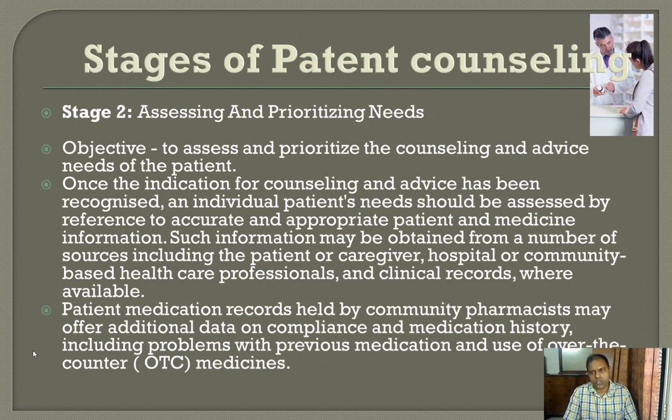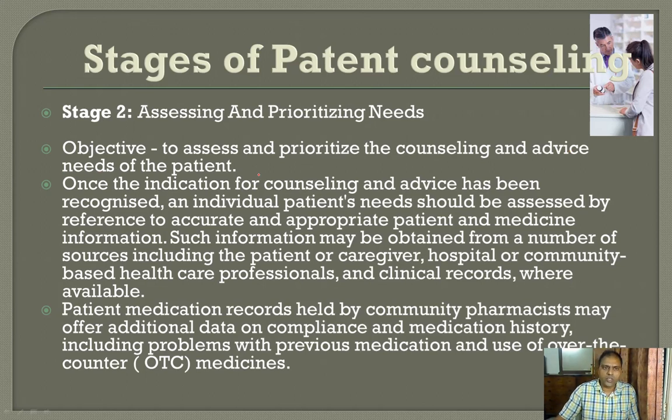You have to find out which one to tell first, which next, which matter is more important, which matter you have to discuss for more time, and which one to give more importance. That you have to plan. The objective of this second stage is to assess and prioritize the counseling and advice needs of the patient.